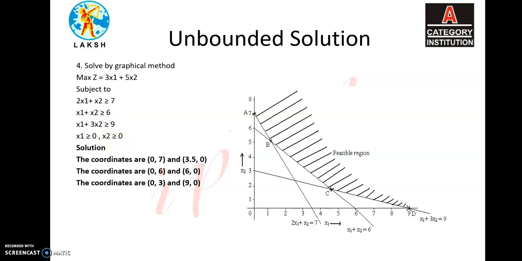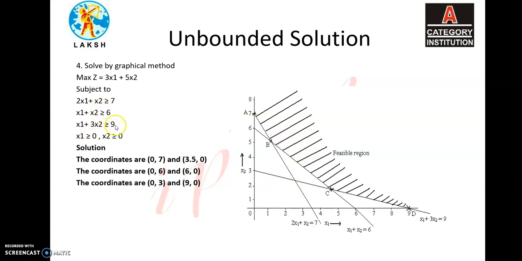So our first step is to consider each inequality constraint as an equation. Second step, draw the graph by finding the coordinates on the x-axis and y-axis both. Step number three is find the feasible region. If there is a less than equal to sign, we shade the region below the line, and if it is a greater than equal to sign, then we shade the region above the line.